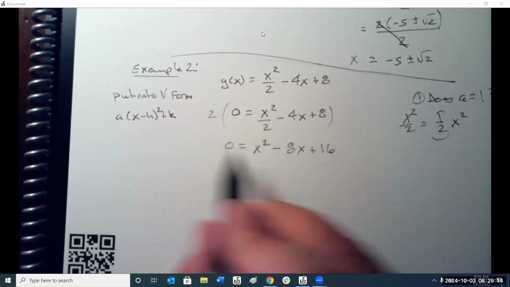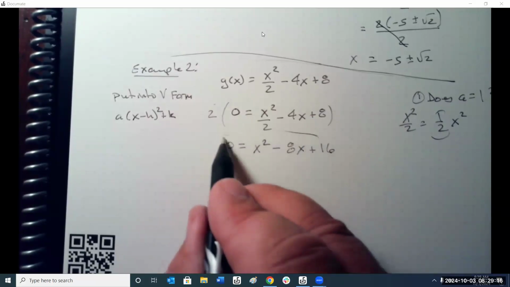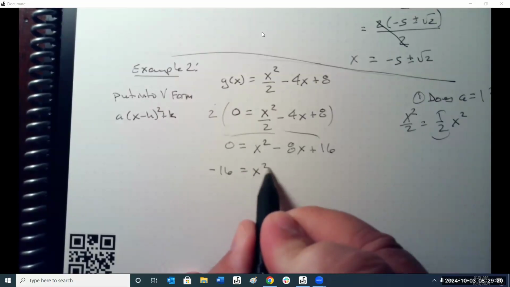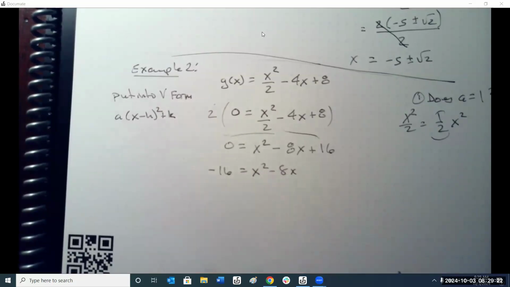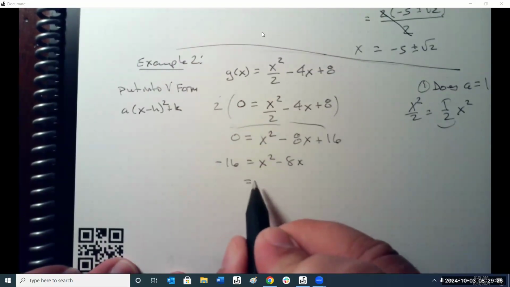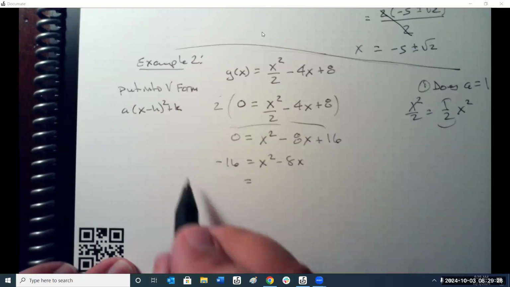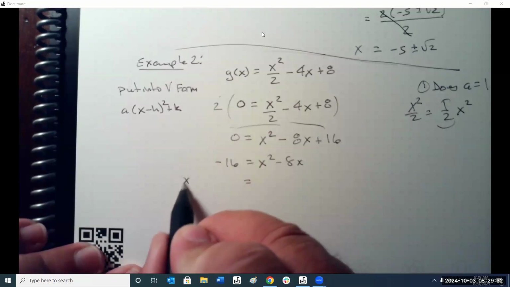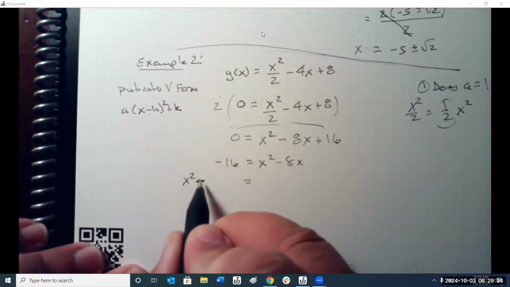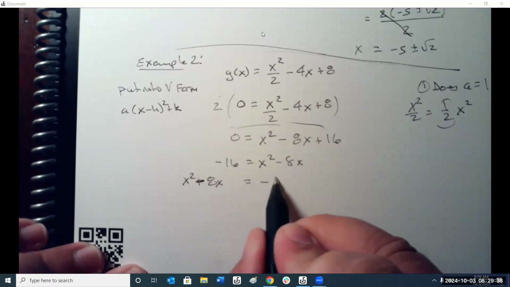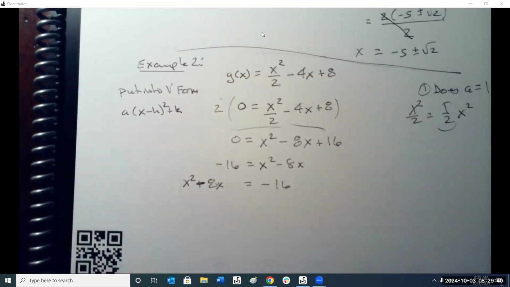So move the 16 to the other side. So we have -16 equals x squared minus 8x. On this side, because this is where it's going to end up anyway. So we have x squared minus 8x equals -16. I just flipped them around.